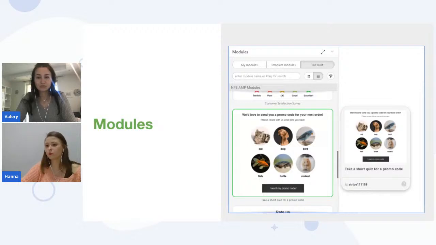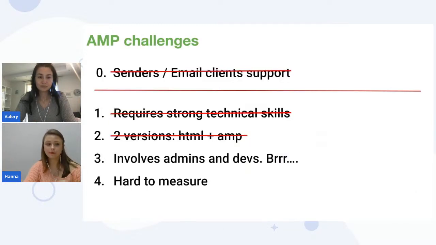It's also super simple to save your own AMP modules and actually any others, just by storing them in your personal module library. So you don't need to create the same thing over and over again. You can create it once, store it, and use it based on your needs. So the first issue was solved as well. Let's go further.